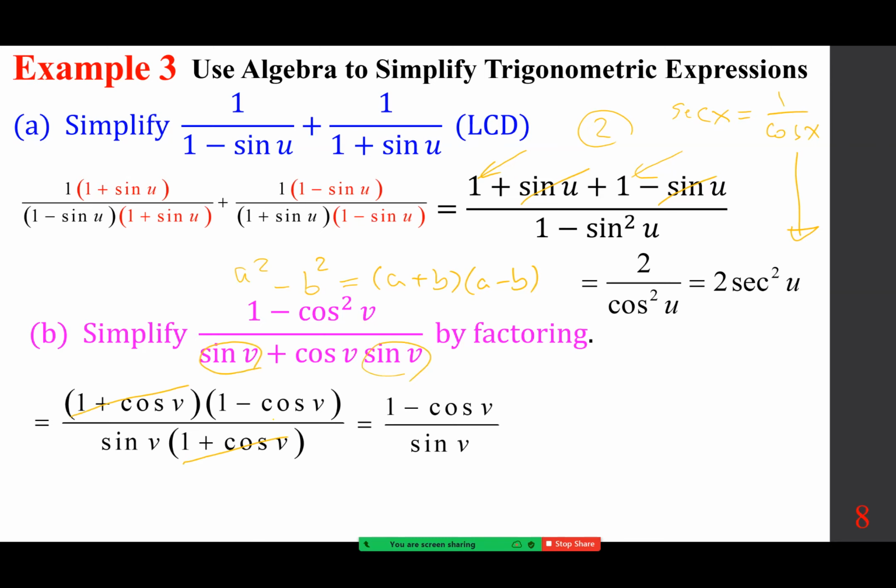And this is one way to write it as a final, but we can rewrite this into two fractions. 1 over sine minus cosine over sine. We know 1 over sine is cosecant. Cosine over sine is cotangent. And we are done.